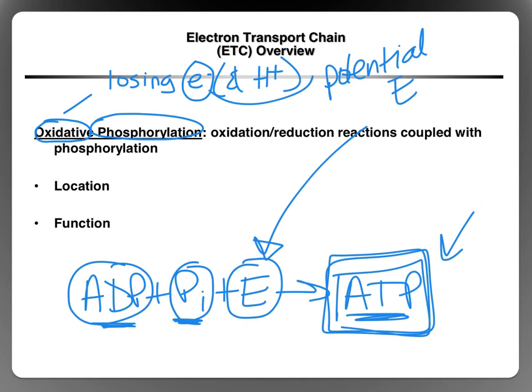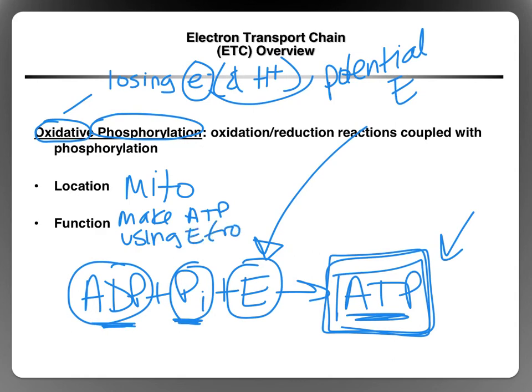It's an aerobic system, so it occurs in the mitochondria, and the function is to make ATP using energy from electrons.